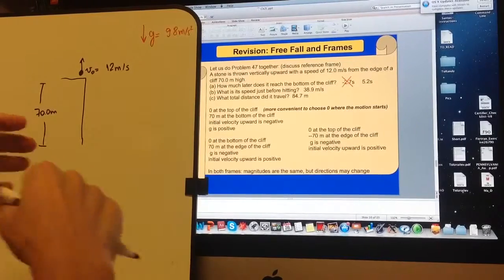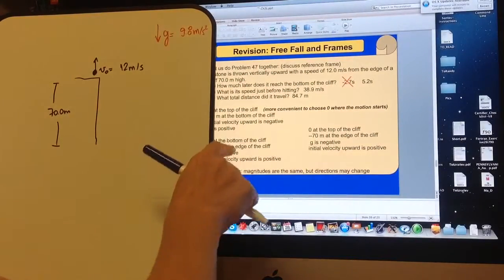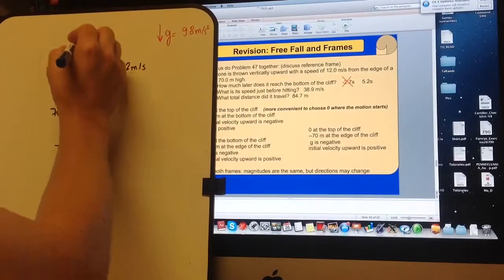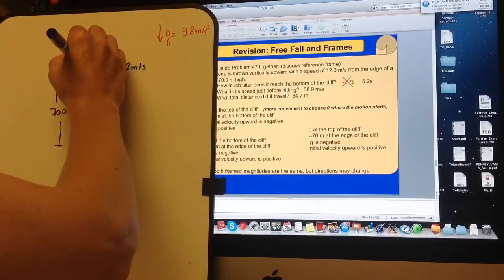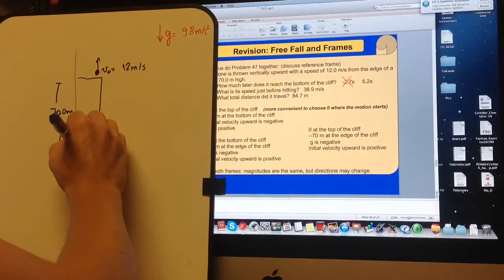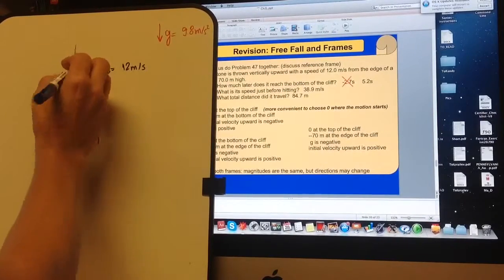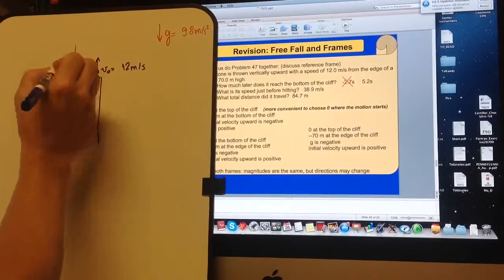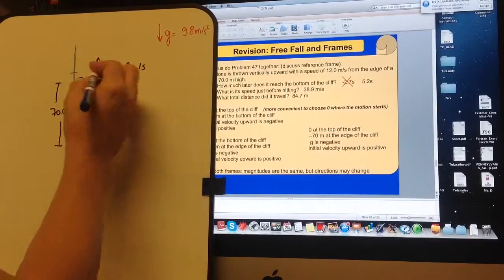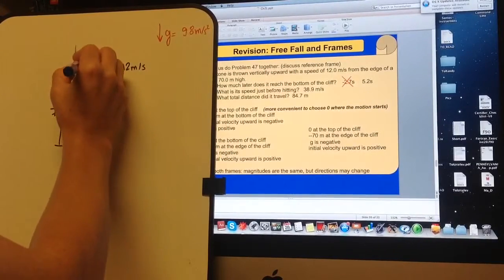This is our first choice, and then we'll do the other one. So positive is down, and the origin is here, so my initial position is right at the origin. My initial position is 0.